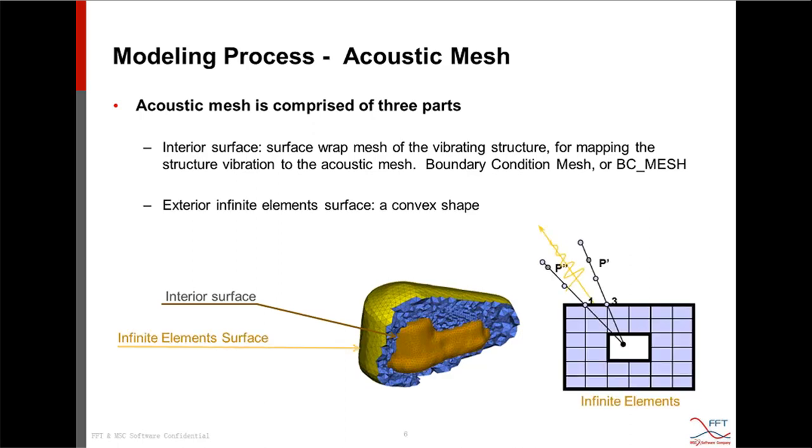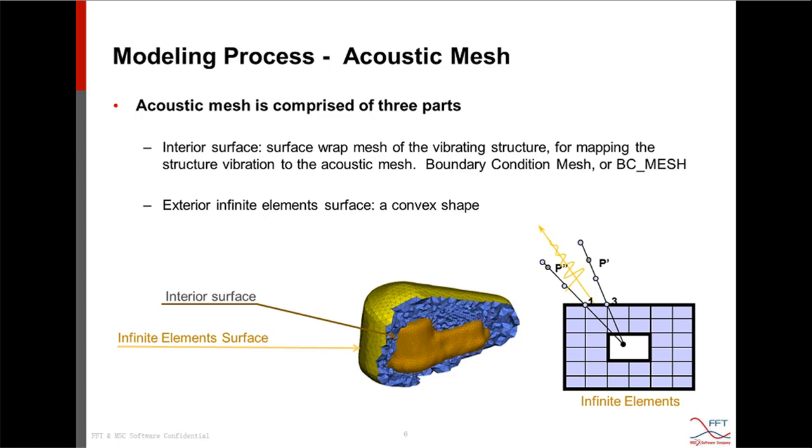Then using the traditional infinite element method in Actran, we will create an external surface, which is a convex shape used as the infinite element surface. The purpose of the infinite element is to let the acoustic wave go through that surface without any reflection.